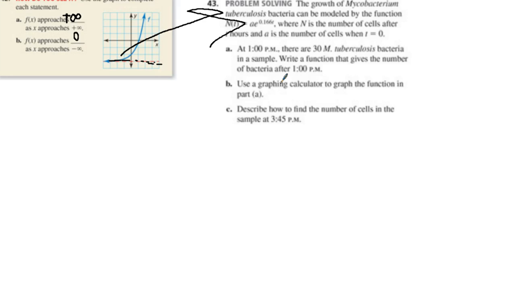Write a function that gives the number of bacteria after 1 p.m. I'm assuming that's 30 million, right? So it's 30 million e to the 0.166t, right?